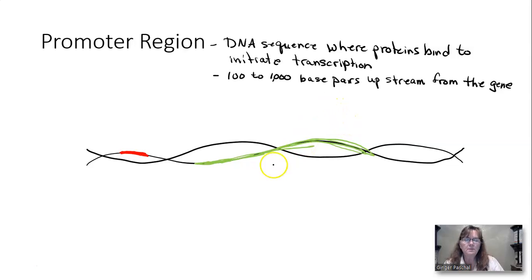Sometimes you'll hear this term called a TATA box. A TATA box is an example of a promoter region. A TATA box is a thymine, an adenine, a thymine, and then 3 adenine bases.